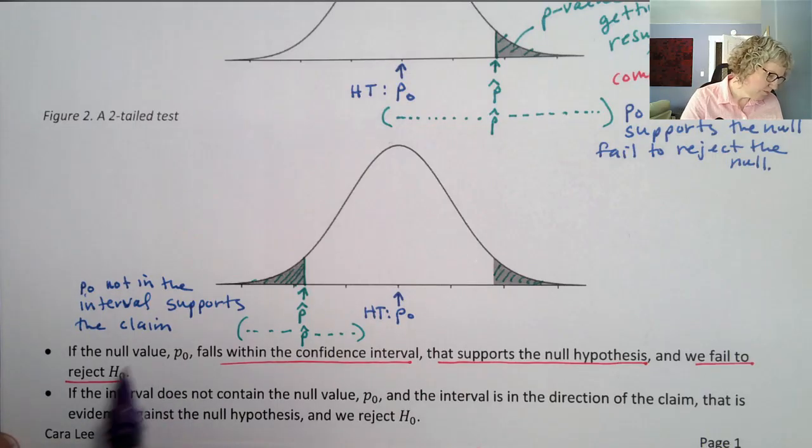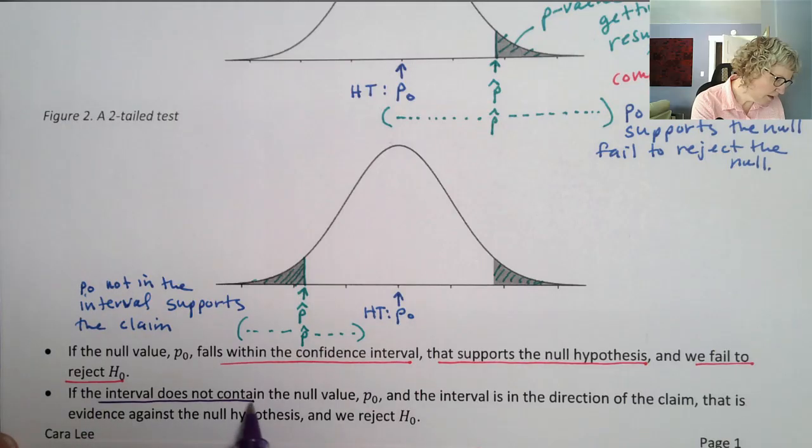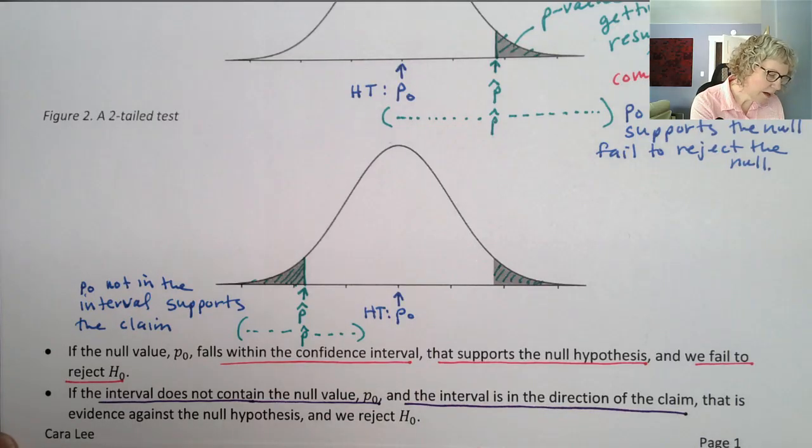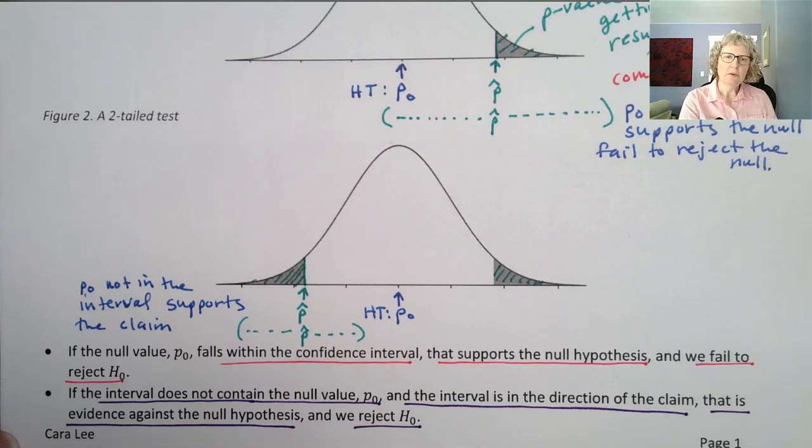Now, if the interval does not contain the null value, this is the part I was wanting to demonstrate, and the interval is in the direction of the claim, that is evidence against the null hypothesis, and we reject the null. Okay, what do I mean by that?